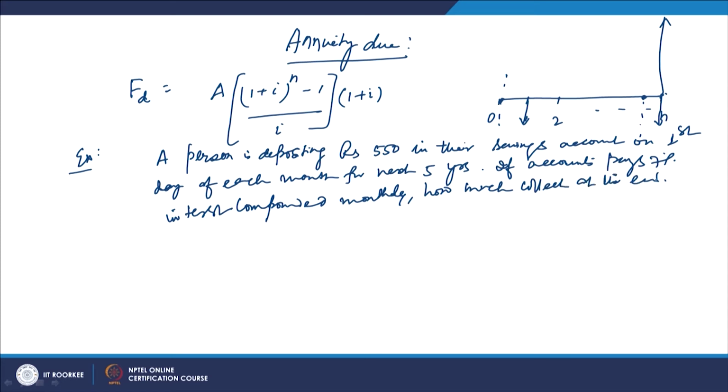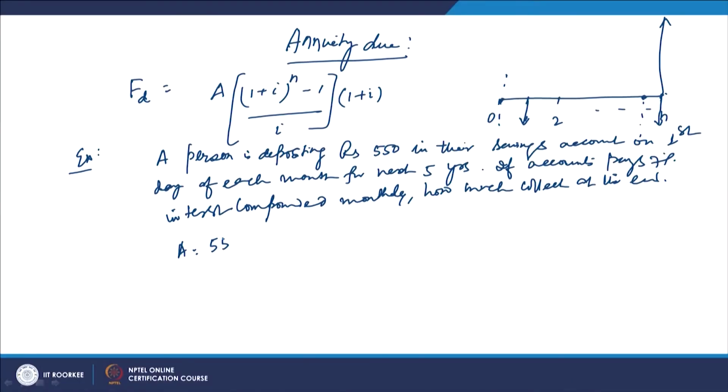Now, this person, as you know, has started saving on the first day itself, and he will be depositing for 5 years, and in the end he will have some money which is deposited.